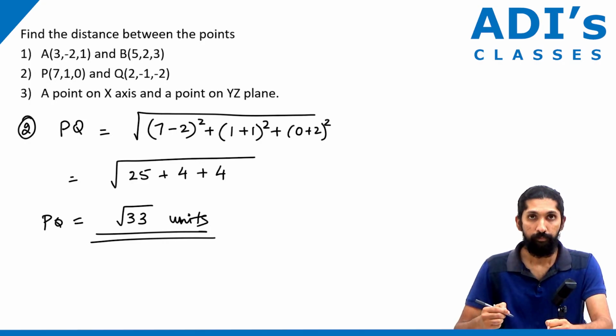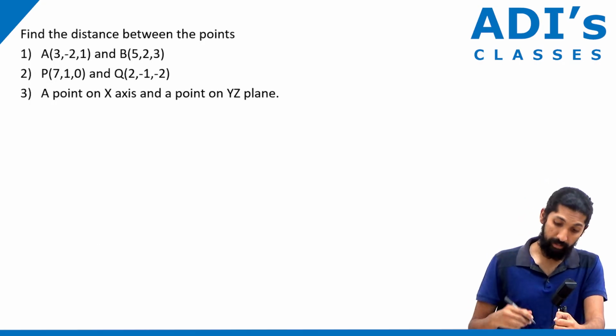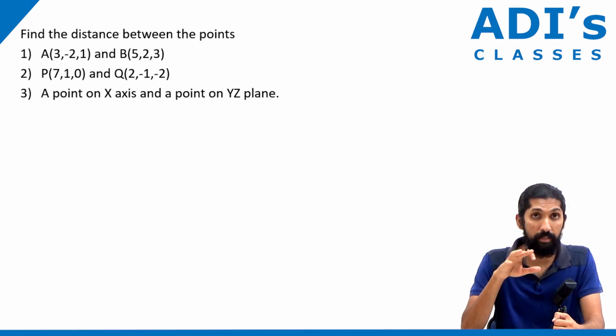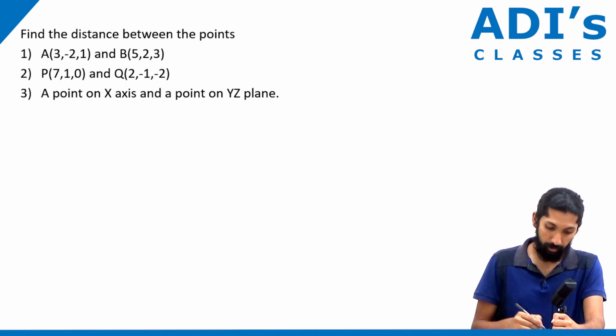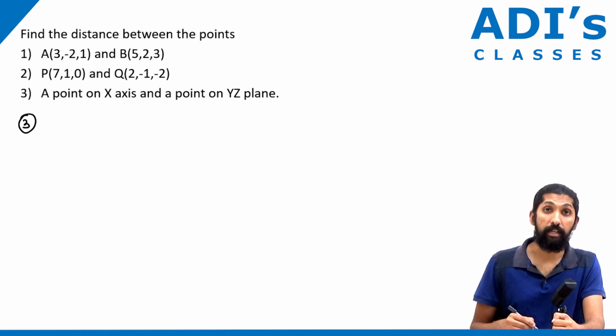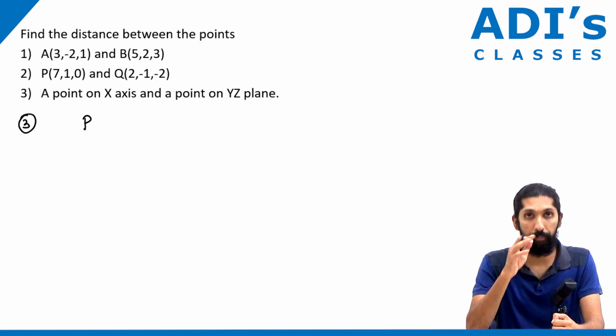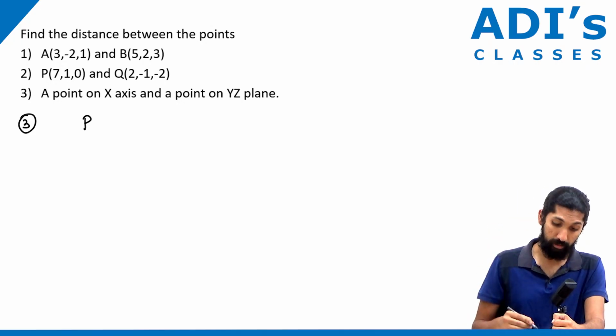Quite simple. Now let's do the next one, the third one. See, a point on the x-axis and a point on the yz plane. So here, a point on the x-axis, any point, let's call that point P. Some point P, which is on the x-axis.